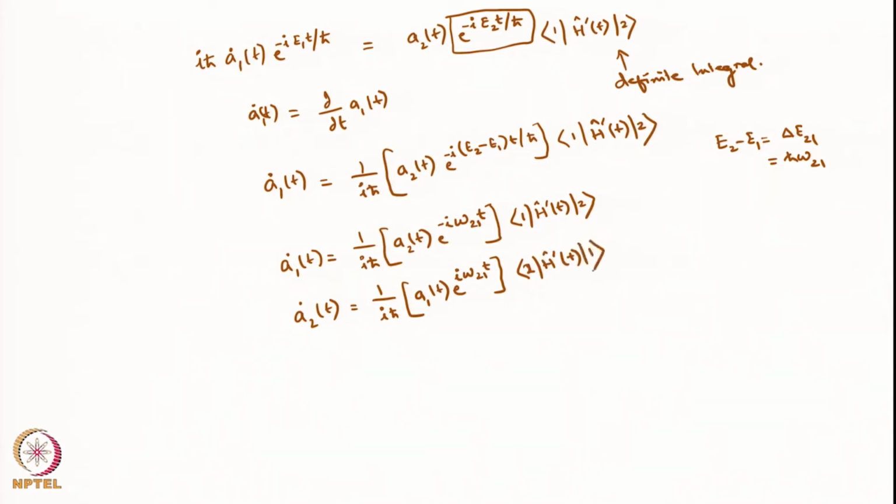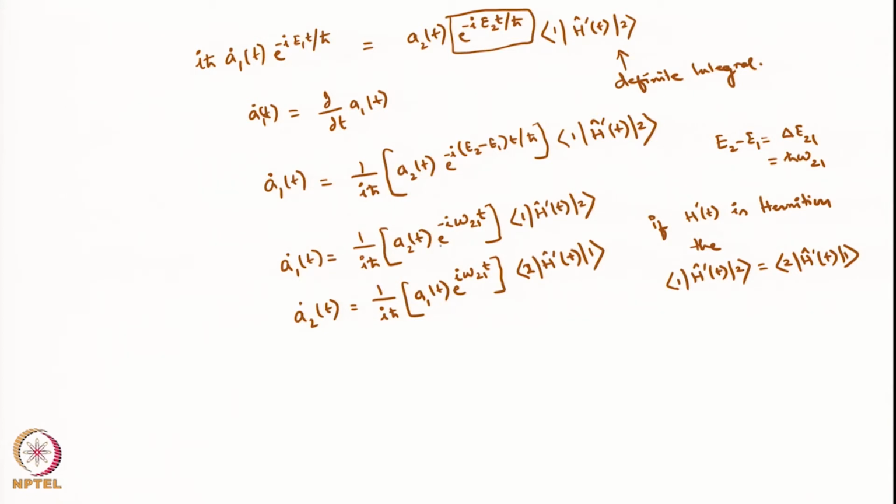Now we will quickly realize that if H prime of t is Hermitian, then the integral of 1 H prime of t 2 should be equal to the integral of 2 H prime of t 1. Of course, this is only true if H prime of t is Hermitian. If H prime is not Hermitian, then these will be complex conjugates of each other.